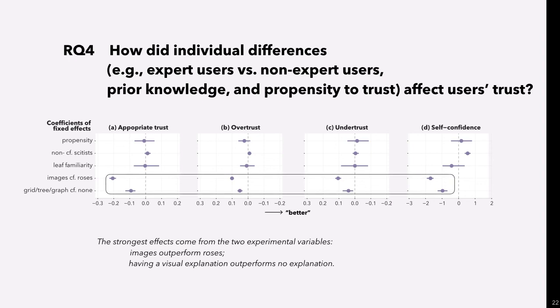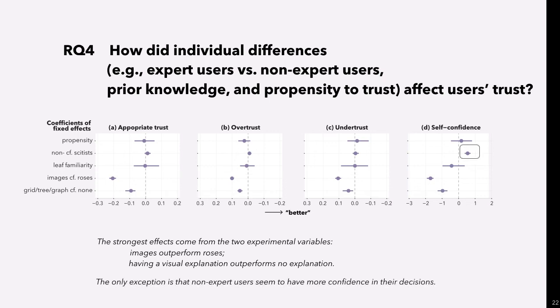We found that the strongest effects came from the two experimental variables, whereas image explanations outperform the rows-based explanations, and having a visual explanation outperforms the control condition where no explanations were given. The only exception we found is that the non-expert users seem to have more confidence in their decisions.